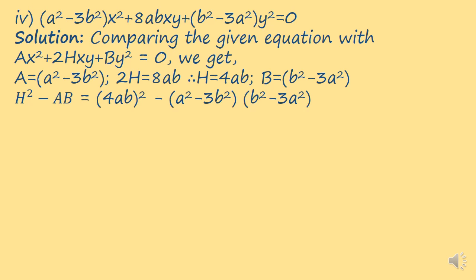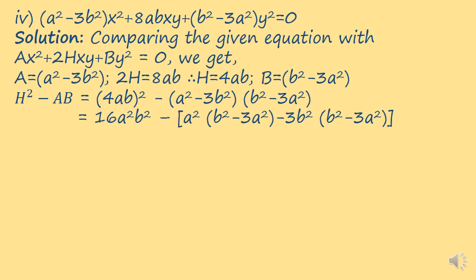That is, first let us go through what is H square minus AB. So H square minus AB becomes 4ab the whole square minus a square minus 3b square into b square minus 3a square. Now observe how it has been solved. So here in the next step, 4ab the whole square is written as 16a square b square minus the two brackets have been multiplied now.